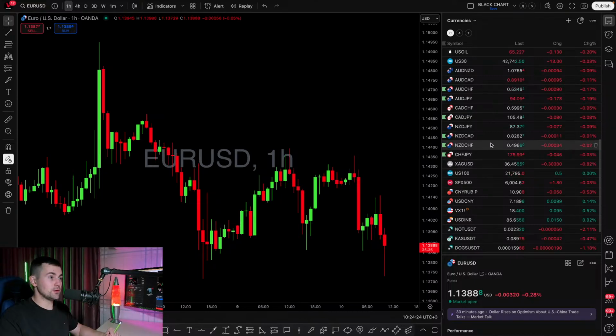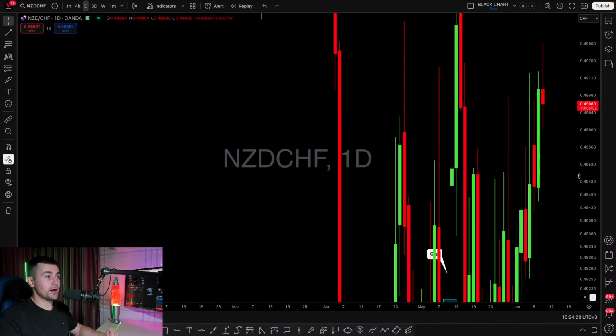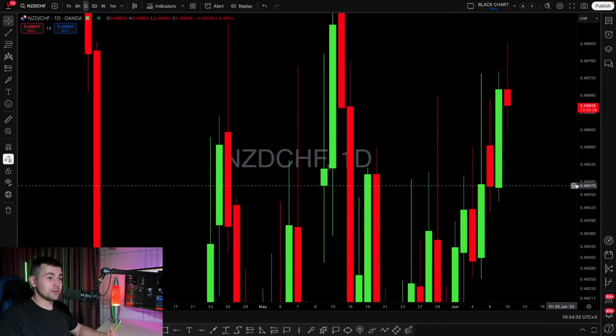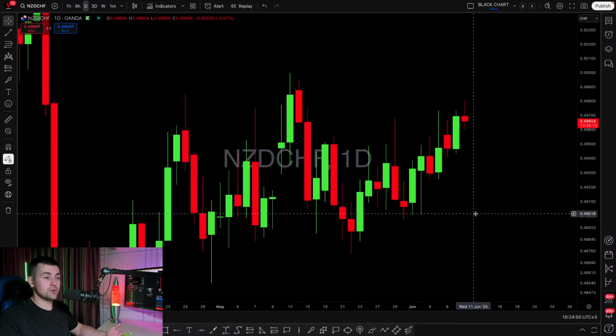Yeah, so let's open New Zealand Swiss. Let's open the first time frame that we use for multiple time frame analysis. No matter whether it's scalping, day trading, or swing trading, the daily time frame is still the most important one, because it shows you the global long-term perspective.